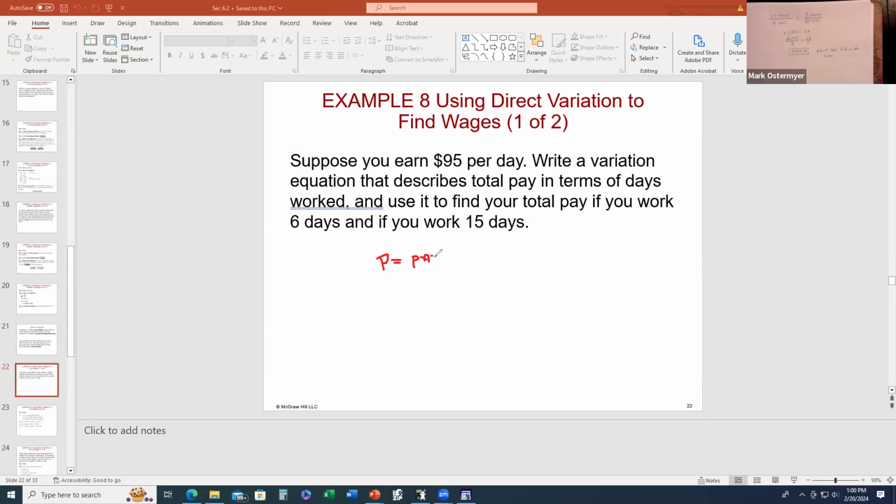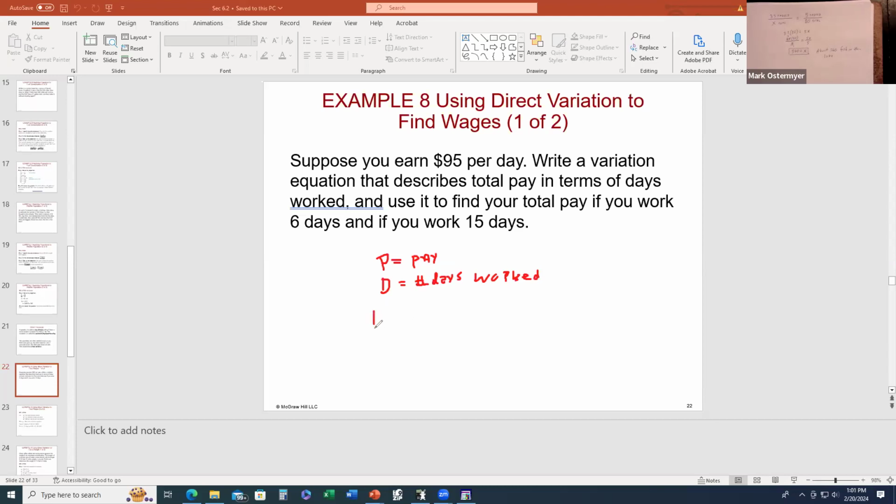That's going to represent the pay. And I'm going to let D represent the what? Number of what? Days worked, correct? Number of days worked.